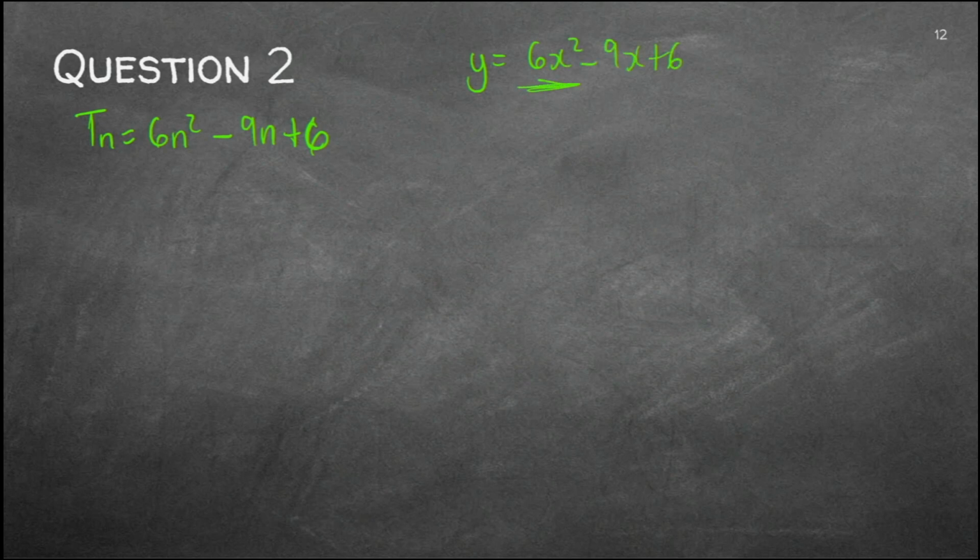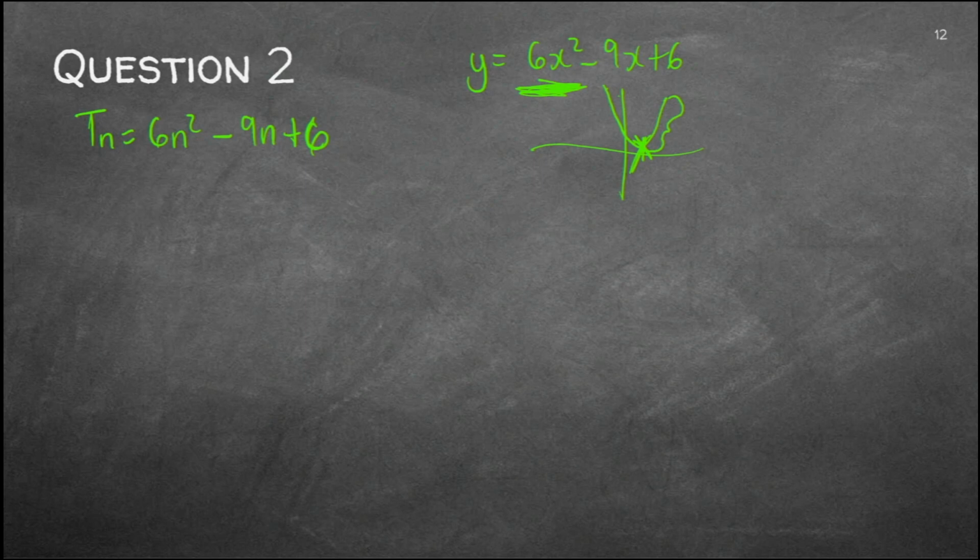So if I have this equation that states Tn is equal to 6n squared minus 9n plus 6. Now, if I were ever to ask you, sketch the graph 6x squared minus 9x plus 6. Remember, this is indicating a parabola. This is indicating a happy face parabola. And it's increasing from the turning point.